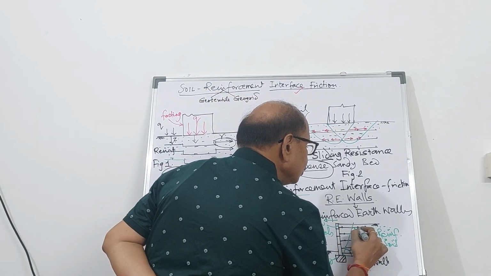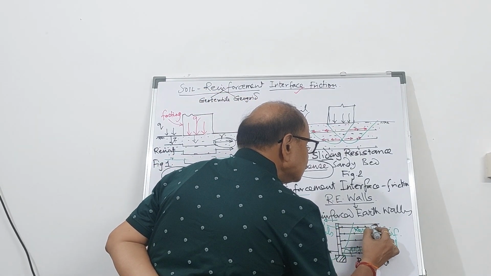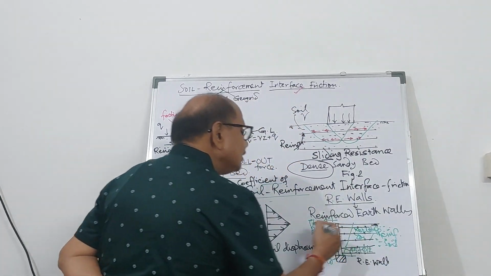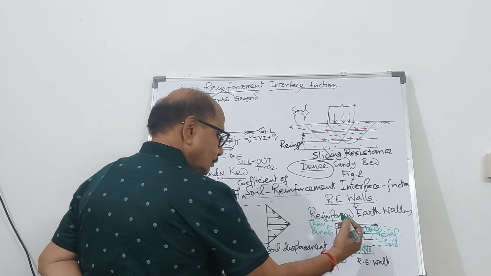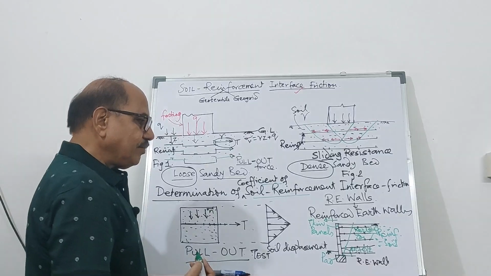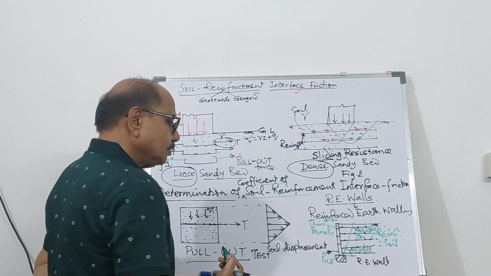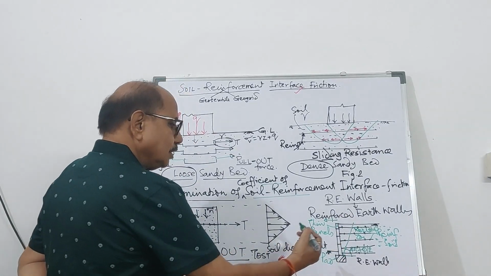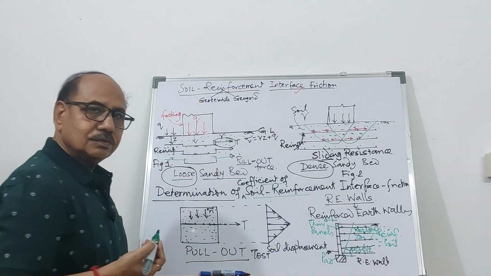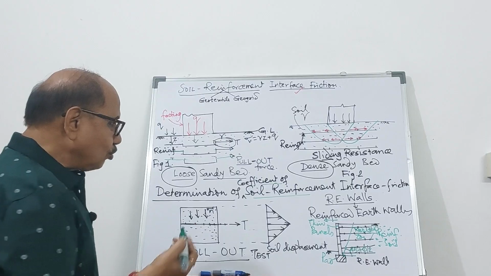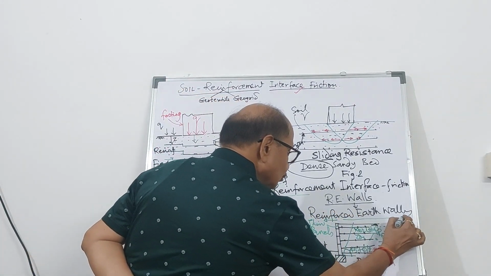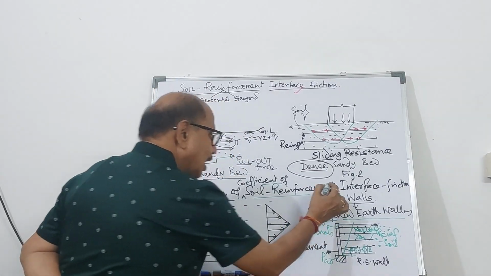This is called resisting zone. These reinforcing elements try to move away from this. This slight movement will induce a pull-out force. So pull-out force is equally applicable for reinforced earth wall or RE walls.